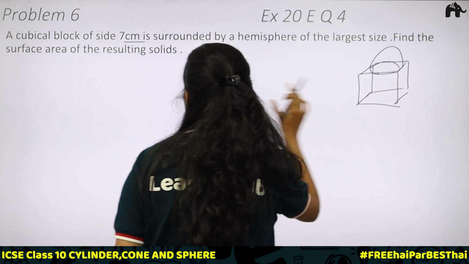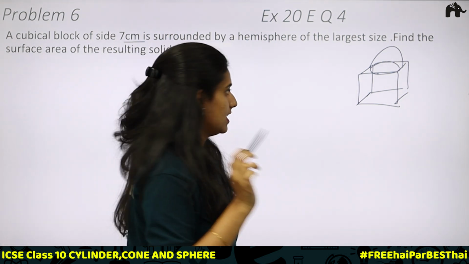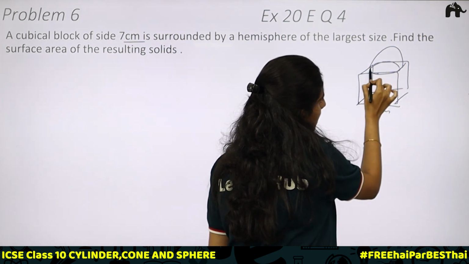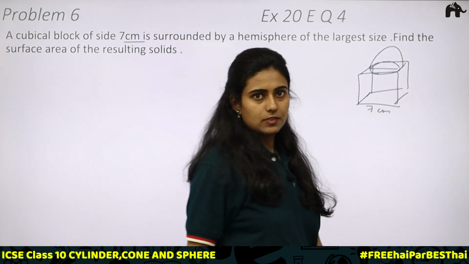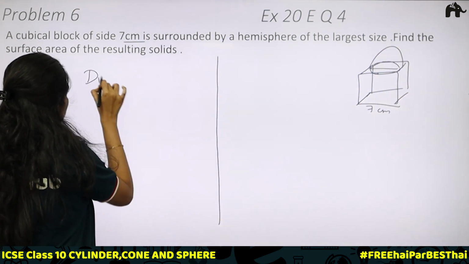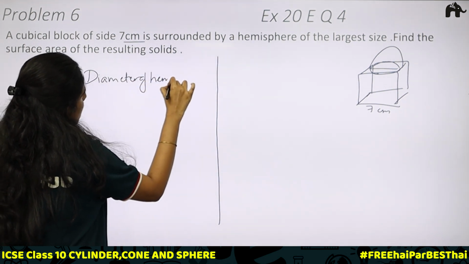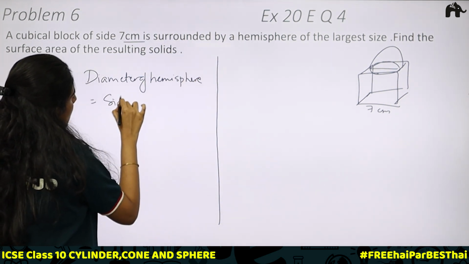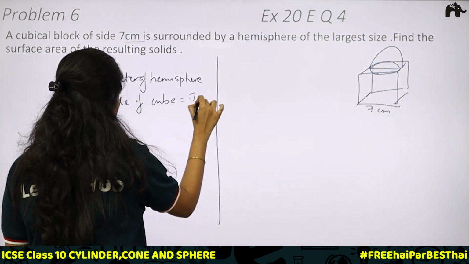Now, it is given that the side of cubical block is 7 centimeter. Okay, this 7 centimeter will be the diameter of the hemisphere. Diameter of hemisphere is equal to side of cube, and that is 7 centimeter.